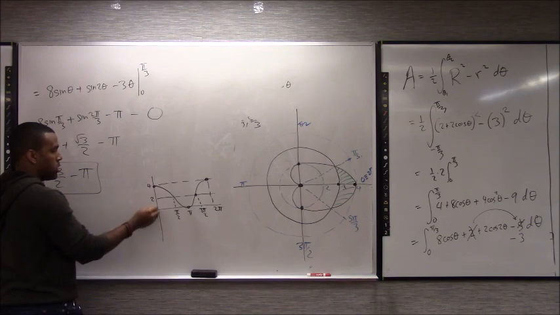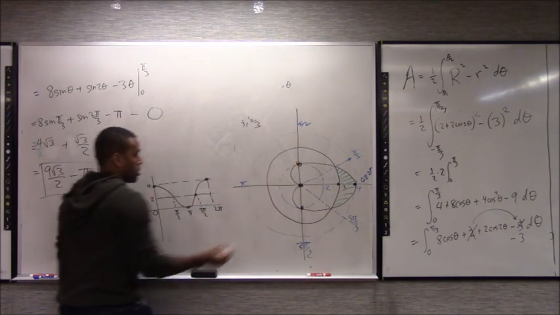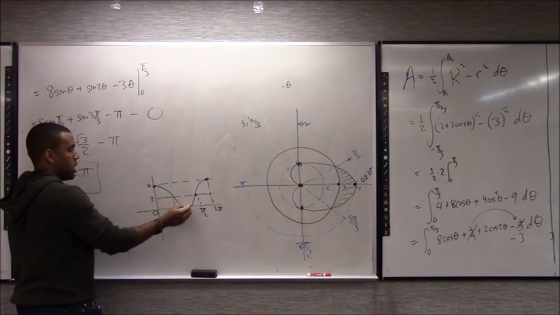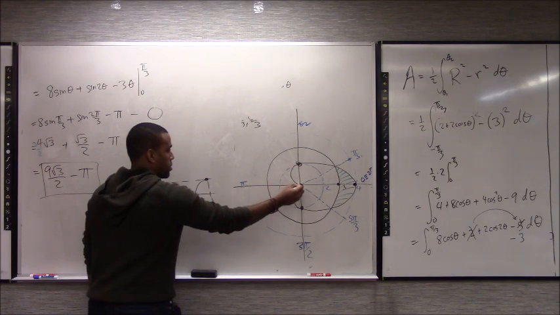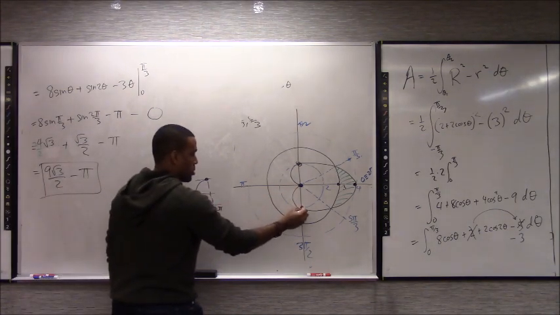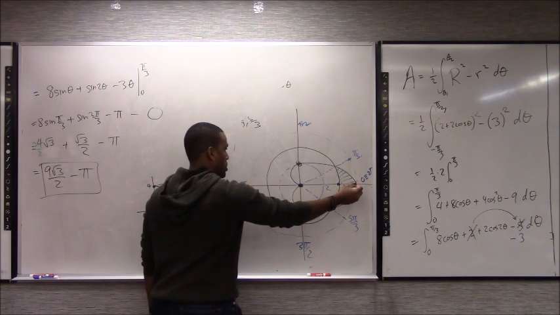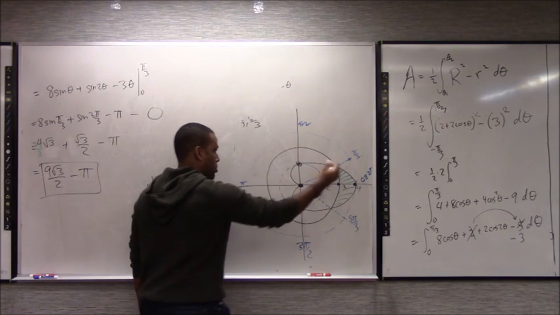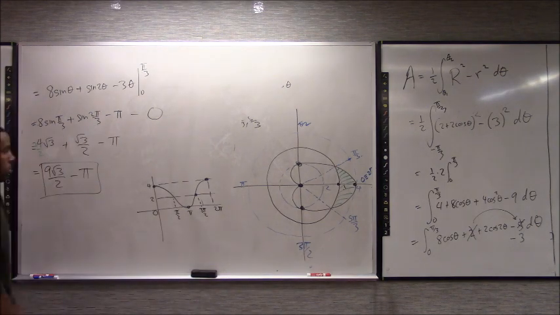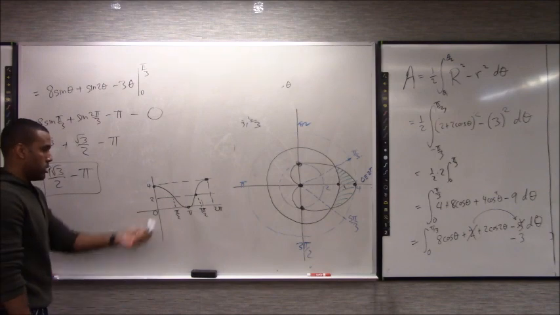So when the angle is 0, I'm on the circle of radius 4. When the angle is pi over 2, I'm on the circle of radius 2. When the angle is pi, I'm at the origin. When the angle is 3 pi over 2, I'm on the circle of radius 2. And when I'm at 2 pi, I'm on the circle of radius 4. So I just plot those points and I draw something going through all those points. Oh, okay. So the point of drawing this is to figure out how to draw that. This helps you draw that.